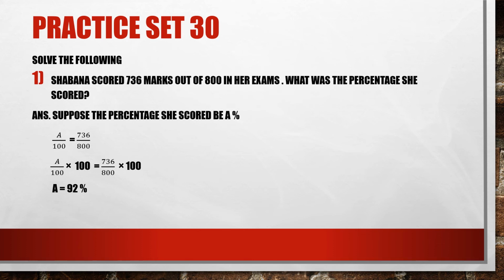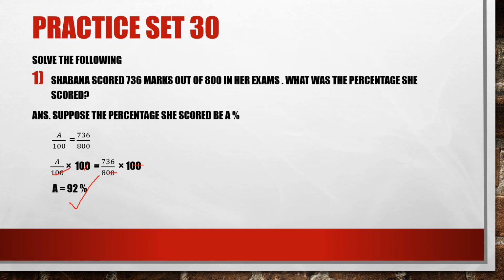This 100 and this 100 will get cancelled. You are just left with A is equal to 736 upon 800 into 100. If we cancel both these zeros, we just get 736 divided by 8, which the answer is 92%. Okay, so Shabana has scored 92%.